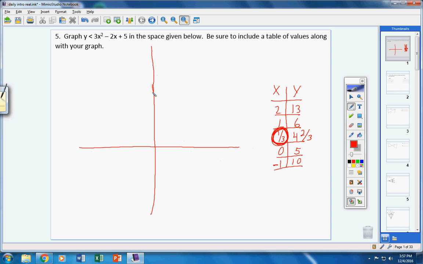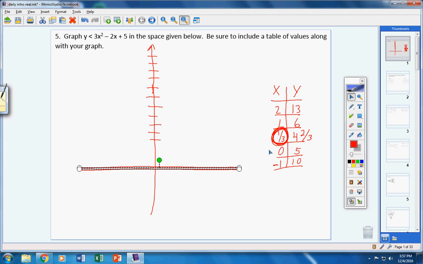Looks like my greatest y value is 13. And here we go. So 2 1/3, 1, 2, 3, 4, 5, 6, 7, 8, 9, 10, 11, 12, 13 over 2.